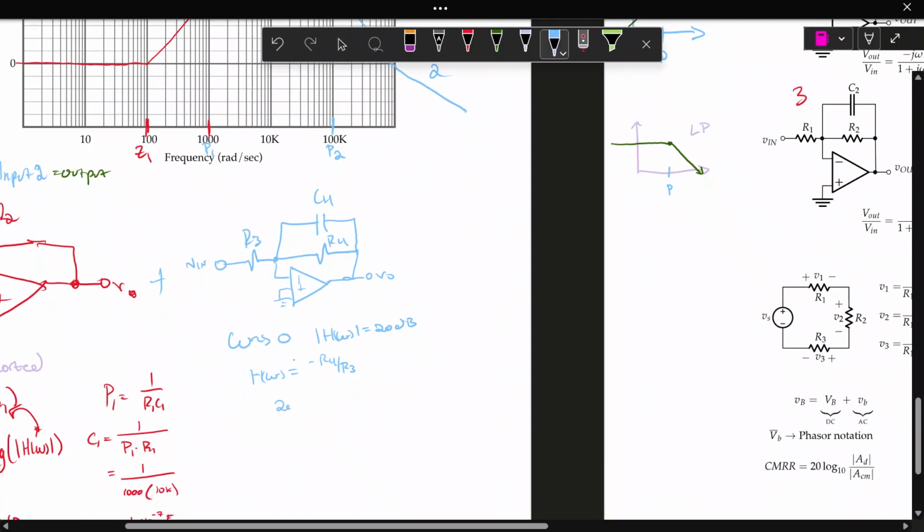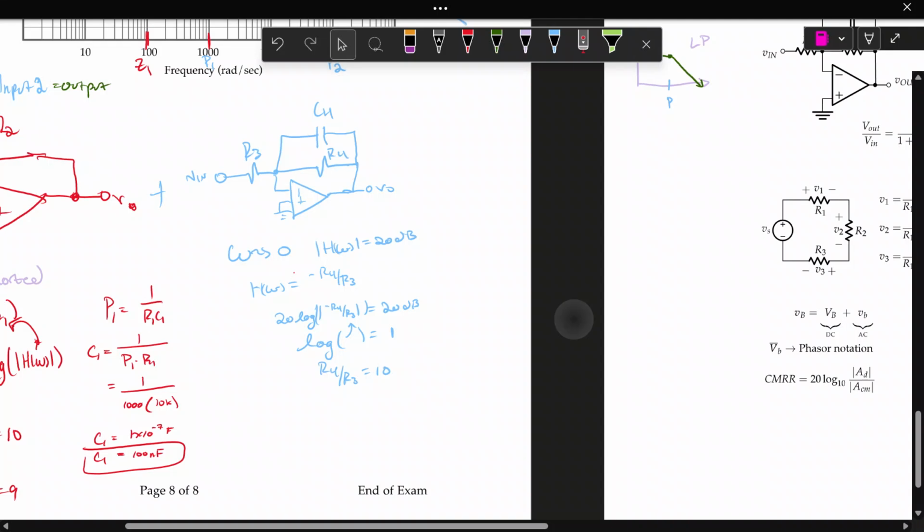And we know 20 log of the absolute value of negative R4 over R3 is equal to 20 decibels. This must mean log of this is equal to 1. That means R4 over R3 is equal to 10. R4 is equal to R3 times 10.